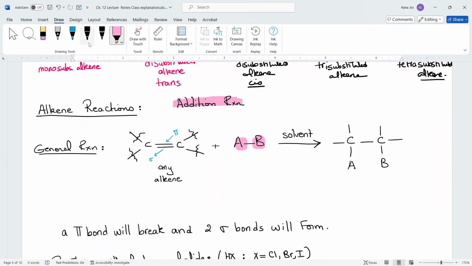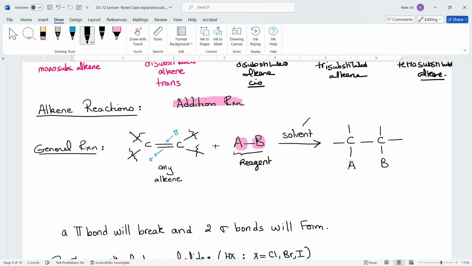The reaction starts by simply having an alkene, and that alkene reacts with a reagent. Normally this is a general reaction. The reagent is AB. We'll give specific reactions as we go, but this is the general format of the reaction.